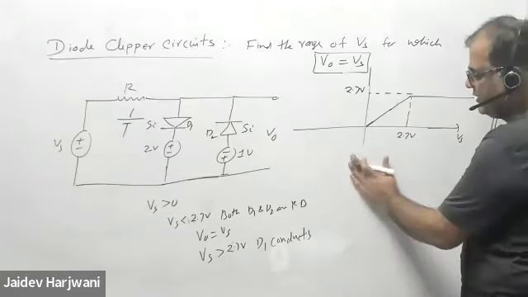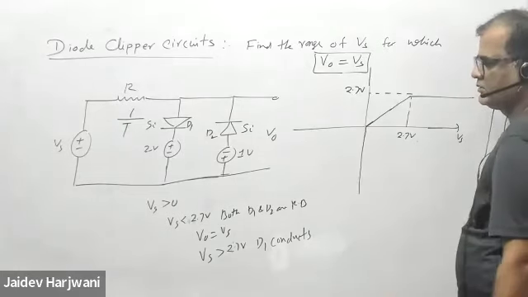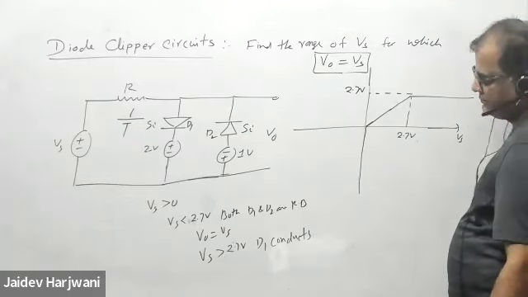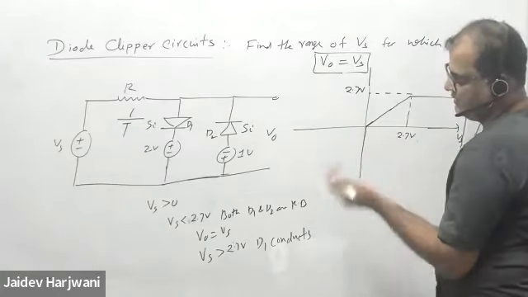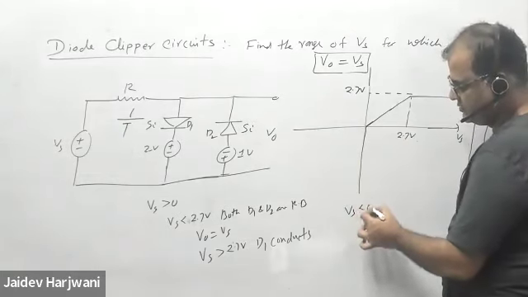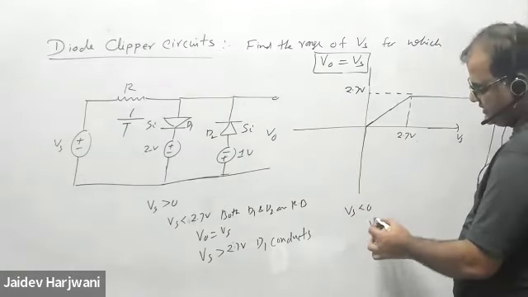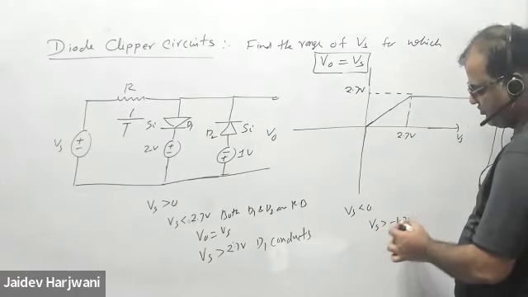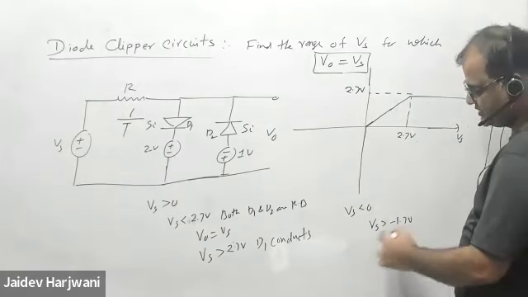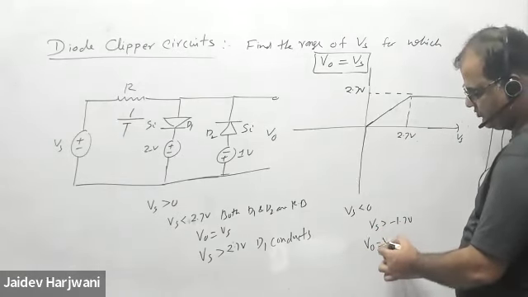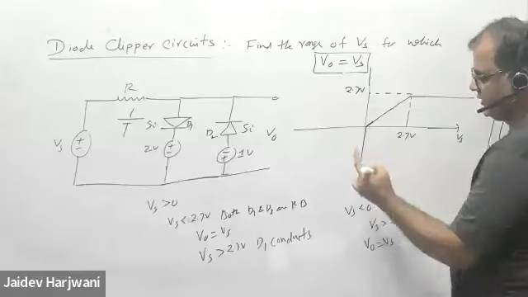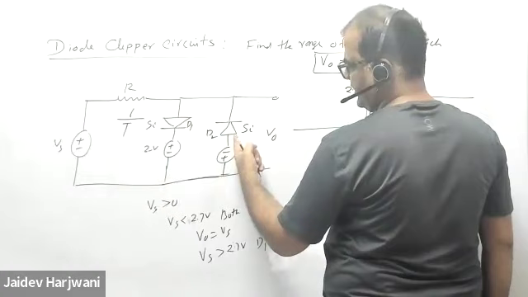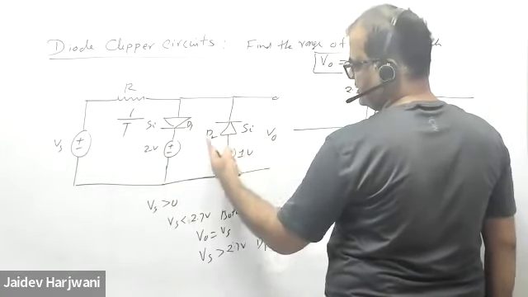What happened in the negative cycle, tell me? Sir, minus 1.7 volt, sir. Yeah, and for the negative cycle, Vs is less than 0 and Vs is greater than minus 1.7 volt. For this case, your V naught is equal to Vs. Because in the negative cycle, you want to make this conduct, and this is already reverse bias.